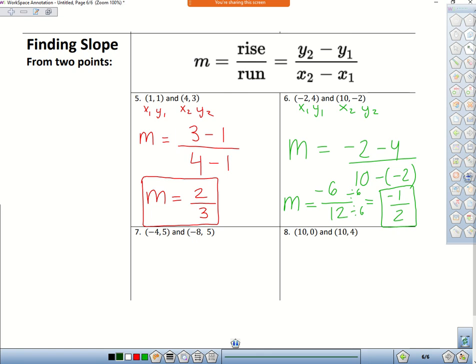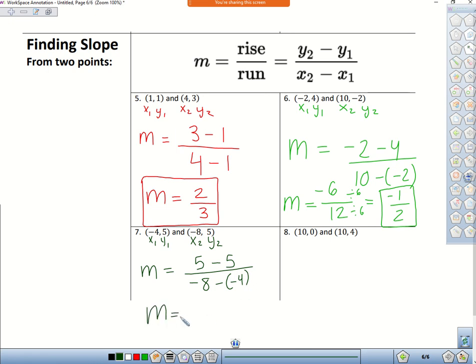And then moving on to the next, we're going to call this x1. We're going to call this y1. And we're going to call this x2 and y2. So that's going to be m equals y2 minus y1 over x2 minus x1.